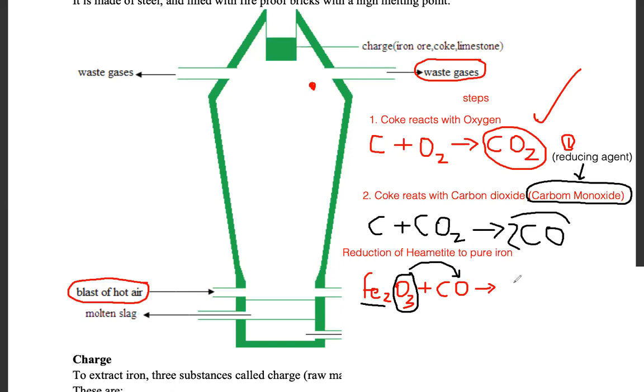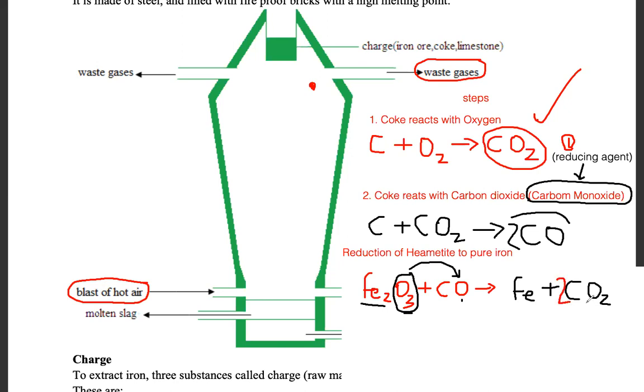So now when this happens, what is formed is pure iron plus carbon dioxide. Do not put carbon with a 4 here; what is formed actually is carbon dioxide. All you need to do is balance the chemical equation. Balancing will mean putting a 2 here.